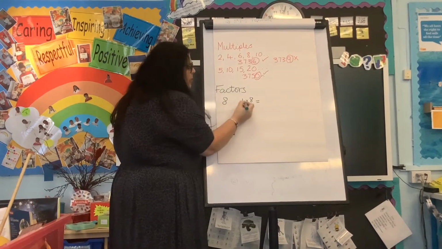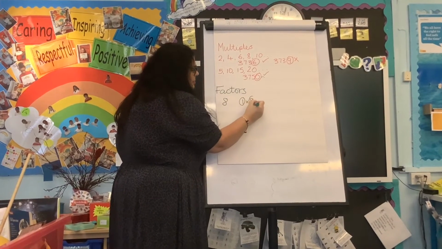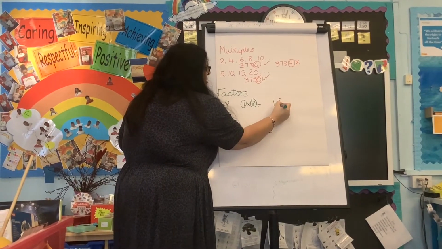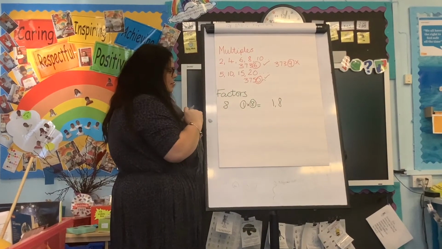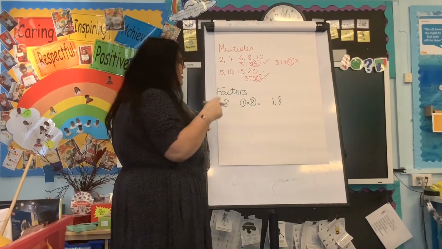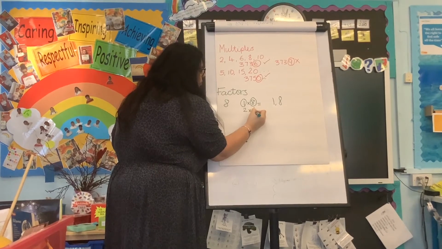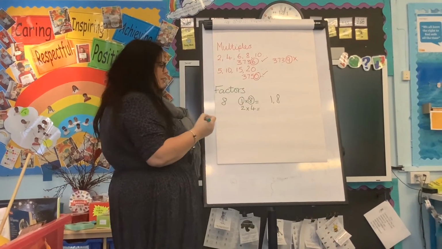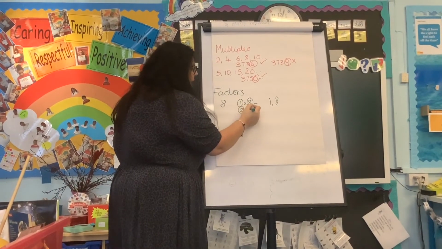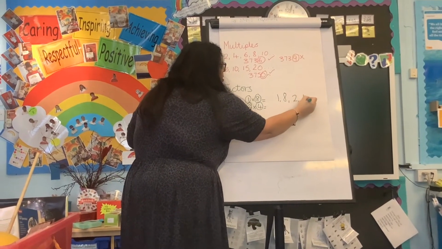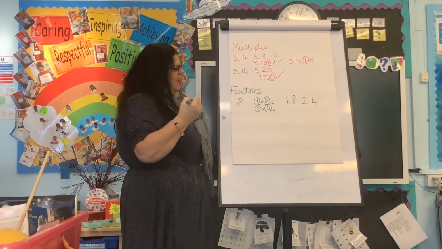So they must both be factors. So 1 and 8 are factors of 8. But what about 2? Is 2 a factor? Yeah, because I can say 2 times 4 equals 8. So 2 and 4 must also be factors of 8.